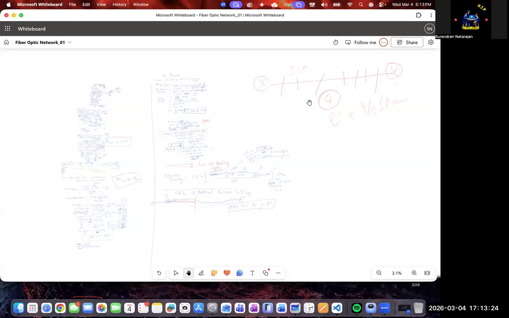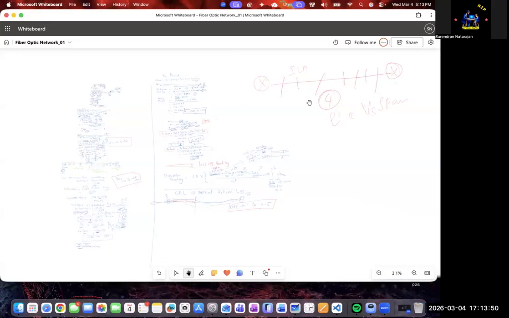We should maintain the signal level as well as the signal quality. Signal level is related to the optical link budget or optical power budget, but signal quality is related to a parameter called optical signal to noise ratio. How much good signal is there, how much noise is there. That ratio we will study.